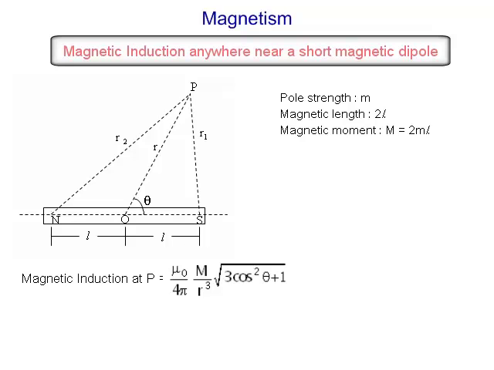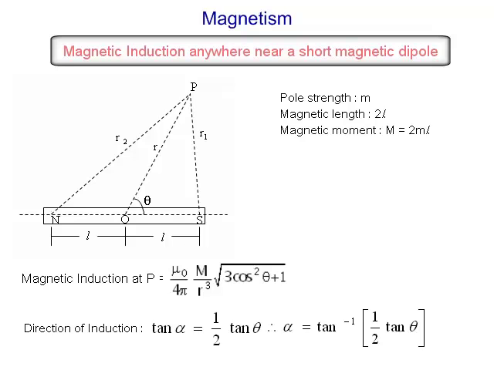The direction of the magnetic induction at point P with respect to the line OP is given as tan alpha equals half tan theta, or alpha equals tan inverse of half tan theta.